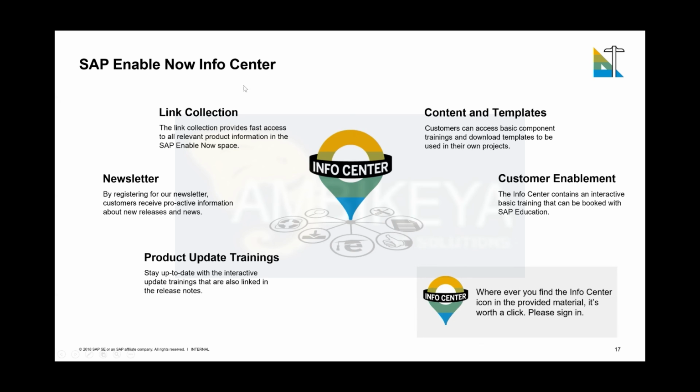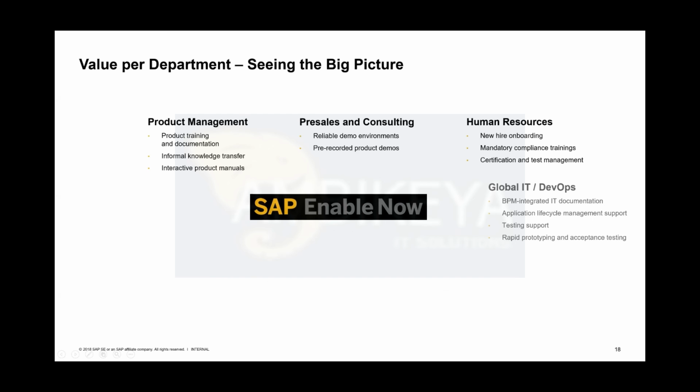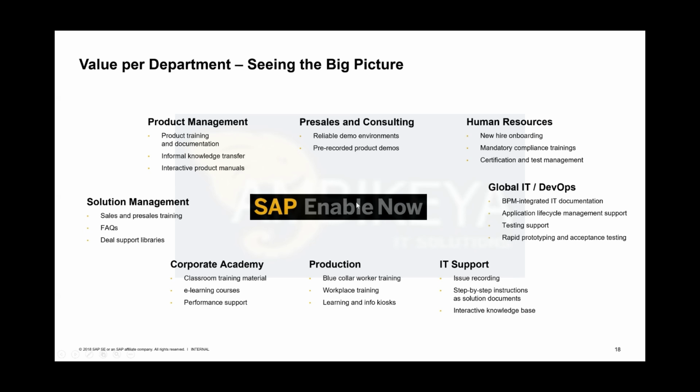Identifying info center as the one source of truth, pointing to the fact that they should really use it and get a user early enough. That's the most important slide in that deck, basically.